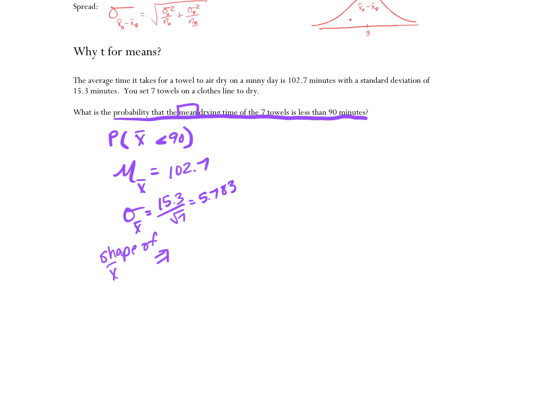I think so, assuming all the towels had the same level of wetness, the same amount of water currently hanging in that towel. I think it's fair to say normal. So I'm going to say must assume, but I do believe it is reasonable that the population is approximately normal in this case.